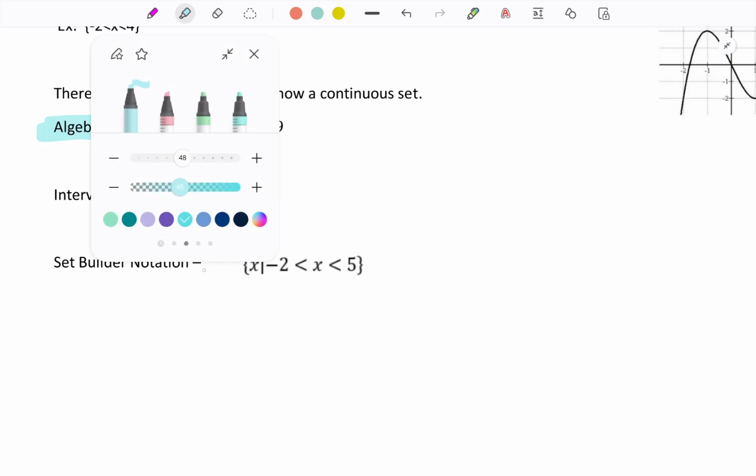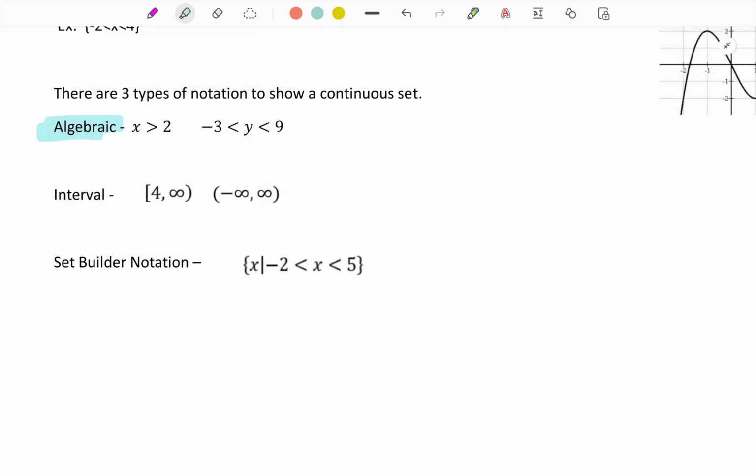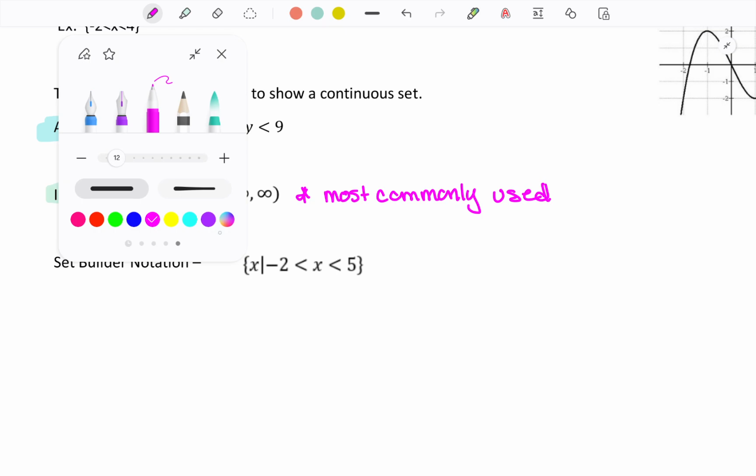The one that's going to be newest to you is interval notation. This is also the one that you are going to most commonly use. In fact, we are going to reach a point where if it doesn't say what notation to use, you want to use interval notation.